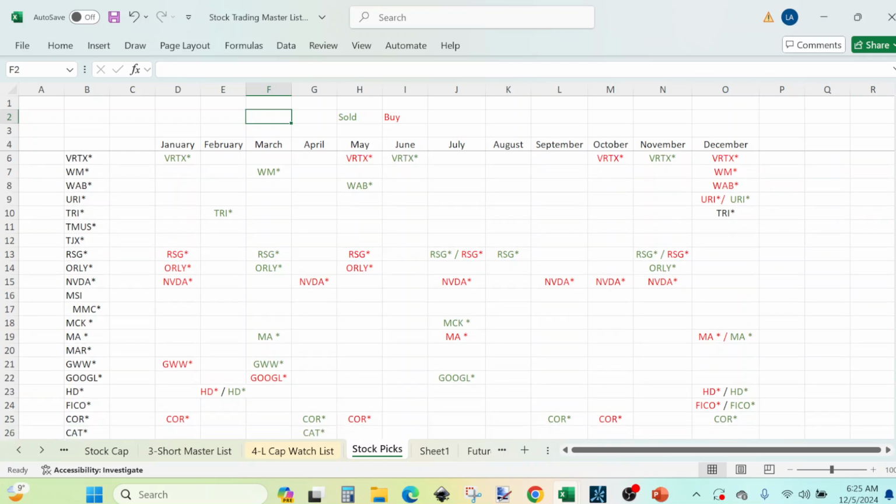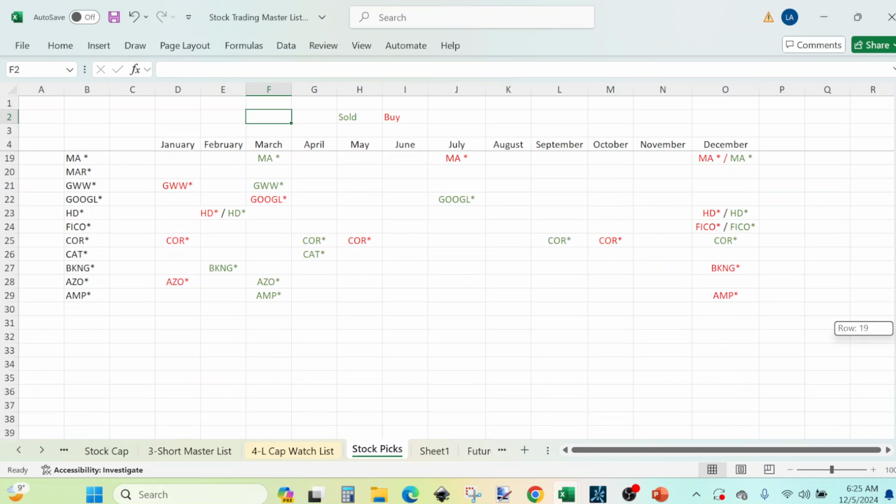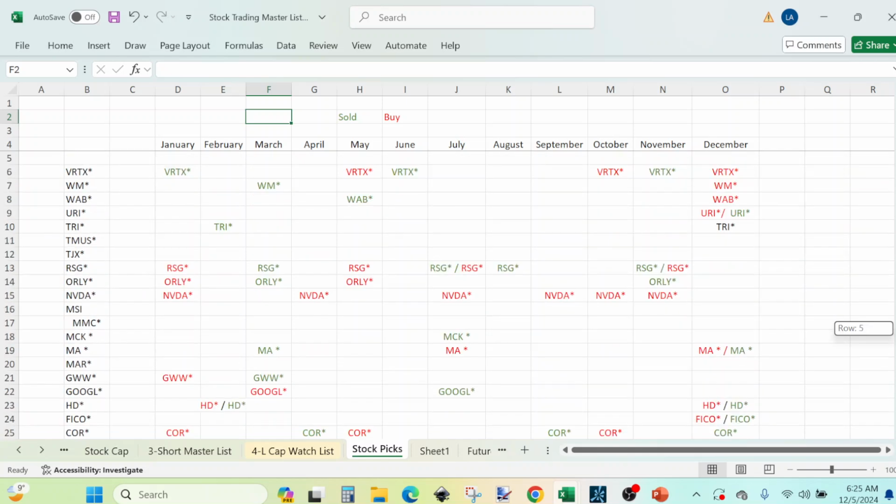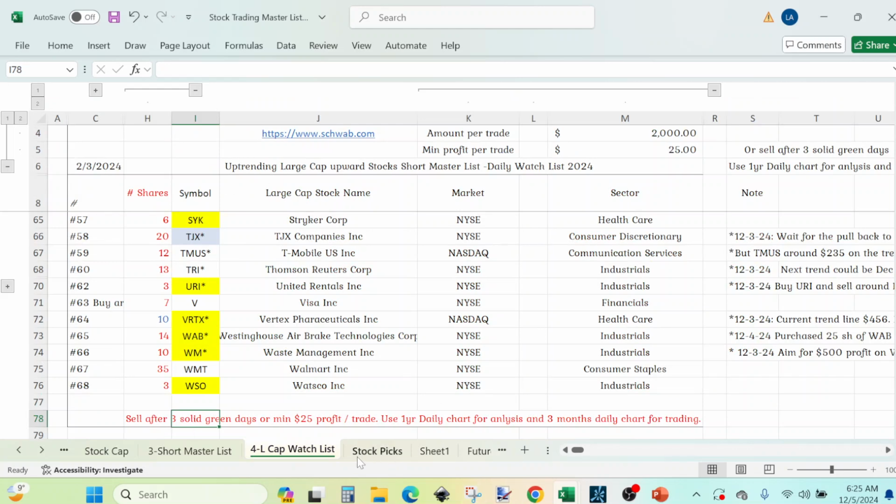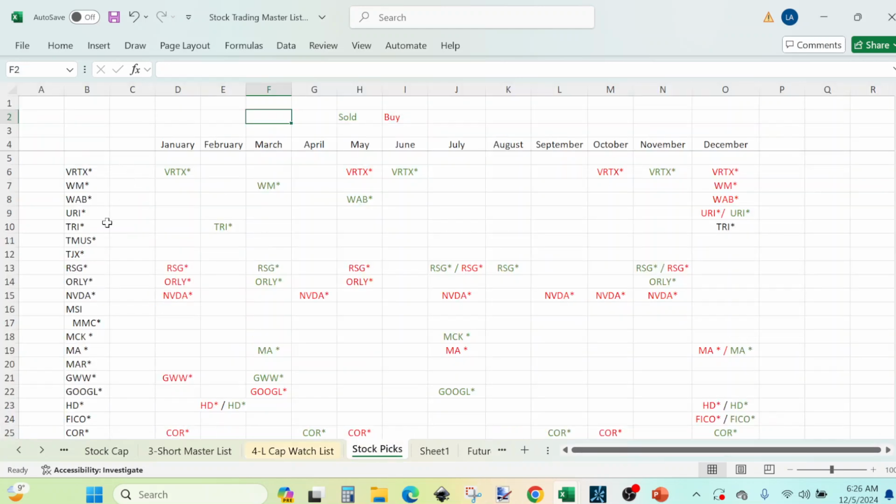And some that I'm thinking of buying and selling in the same month, I have both colors in the same month. And I start from the bottom of my watch list to the top. That's why they were in that order, from pretty much Z to A, depending on how I started.